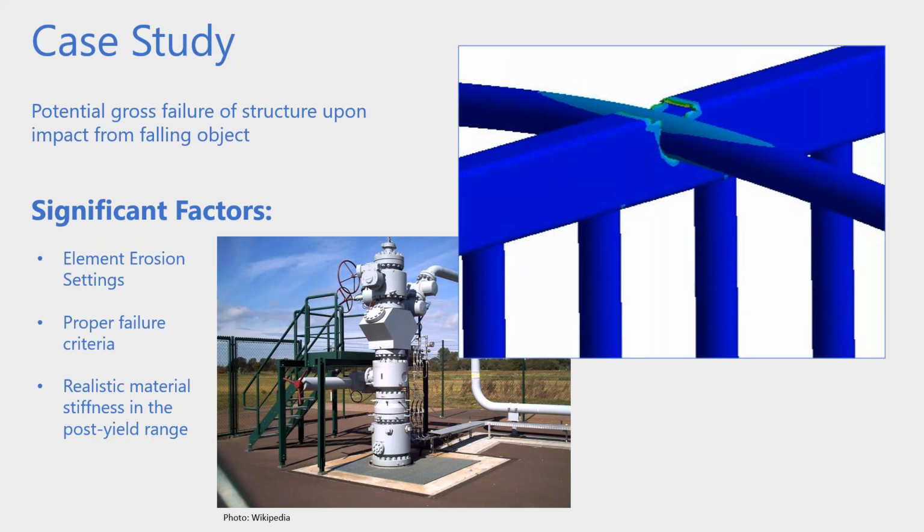We didn't need to define the exact degree of failure, but more just, will this hold up under expected loads? So defining the failure criteria properly was really important to understanding exactly how much penetration would occur and making sure that our material models emulated material stiffness properly. So we used, I think in this case, a Johnson-Cook model for material stiffness rather than something like a bilinear material model, which might be more typical in an implicit analysis.